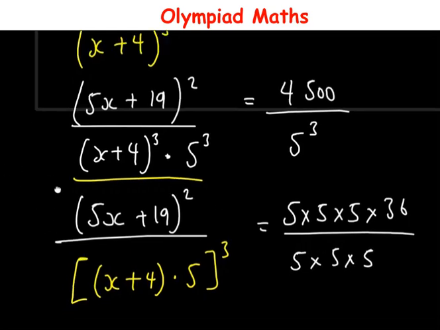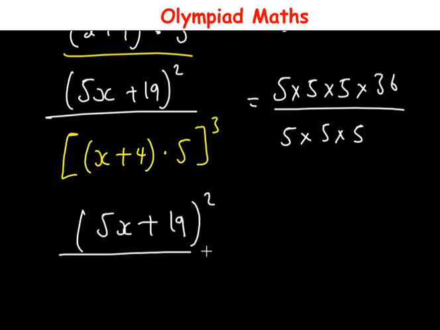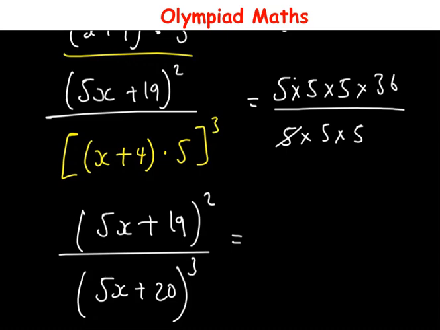Simplifying further, we have (5x + 19)^2 divided by (5x + 20)^3, since 5 times x is 5x and 5 times 4 is 20. On the right, 5 divided by 5, 5 divided by 5, 5 divided by 5, we are left with 36, so it equals 36.